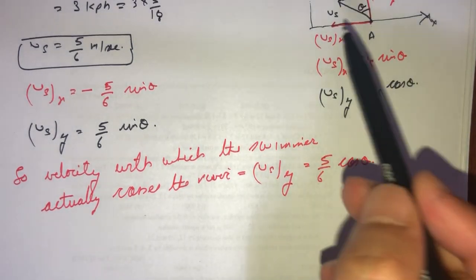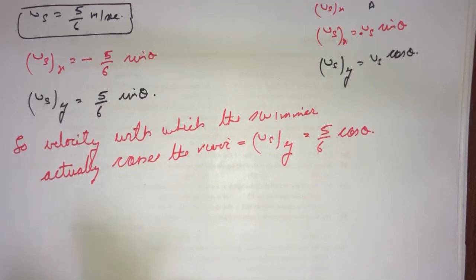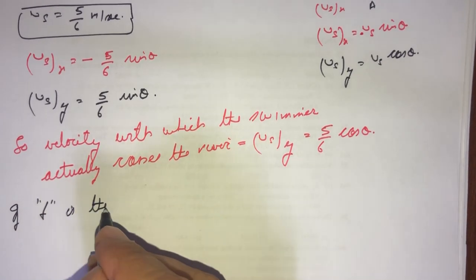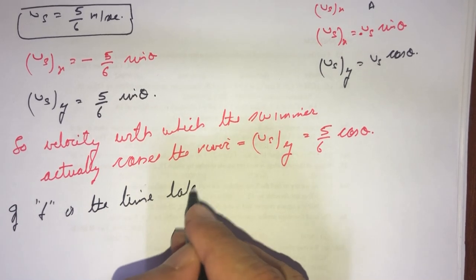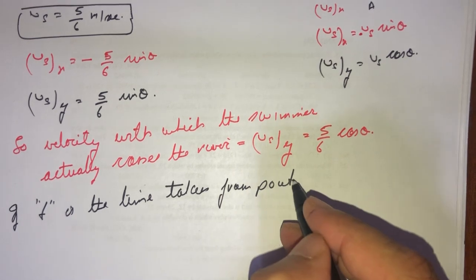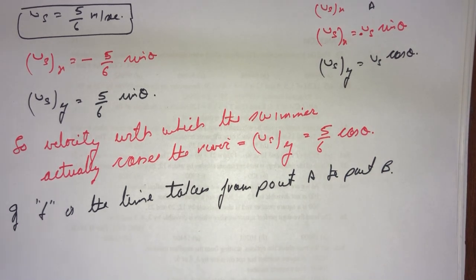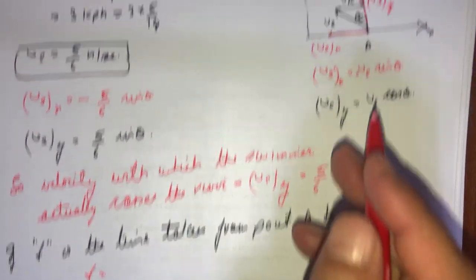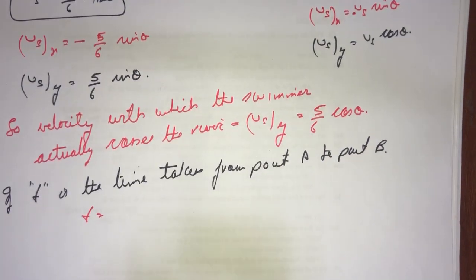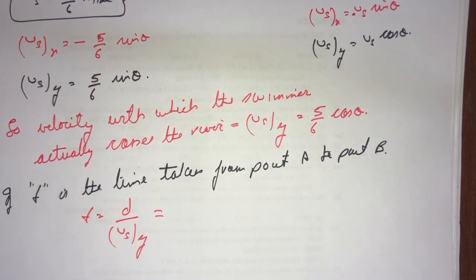So let us say that t is the time taken from point A to point B. If d is the distance between the two banks, or rather between point A and B, then t will be equal to d divided by Vsy, and d we already know is given as 500 meters.